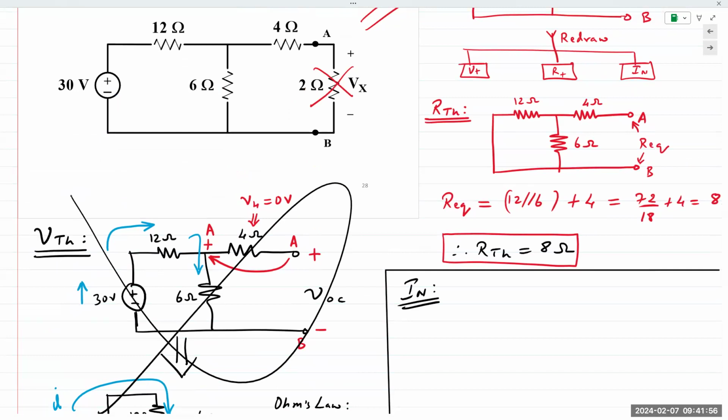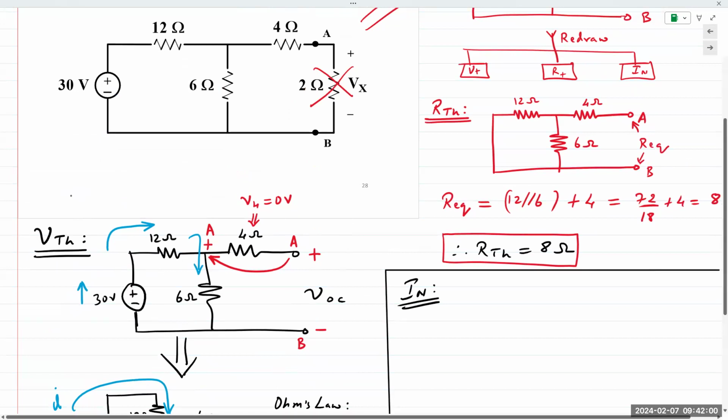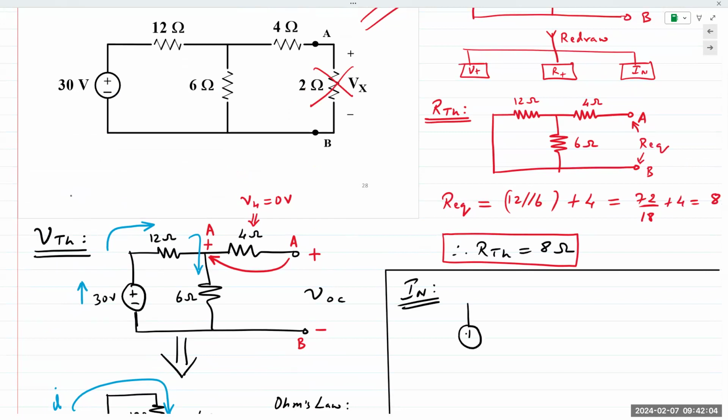That circuit has no bearing on the circuit for Norton current because the circuits are different. I have the 30-volt source. I have the resistors. In order to determine the current, I need to place a short between those terminals.